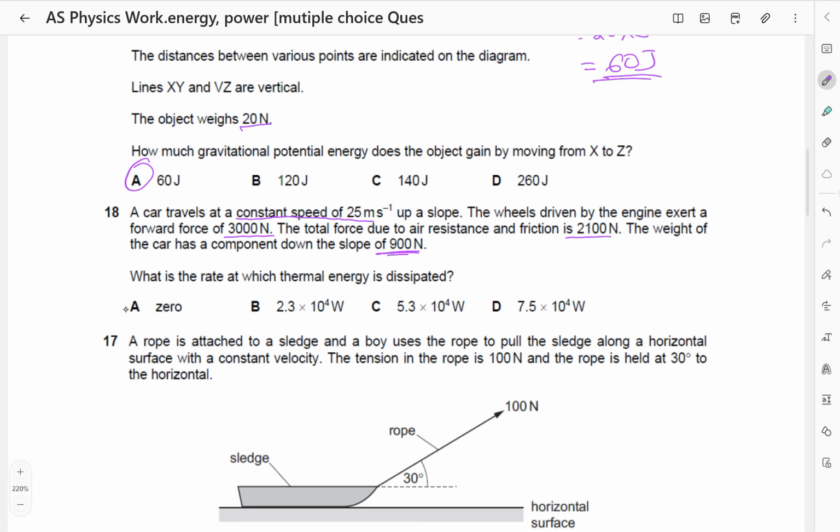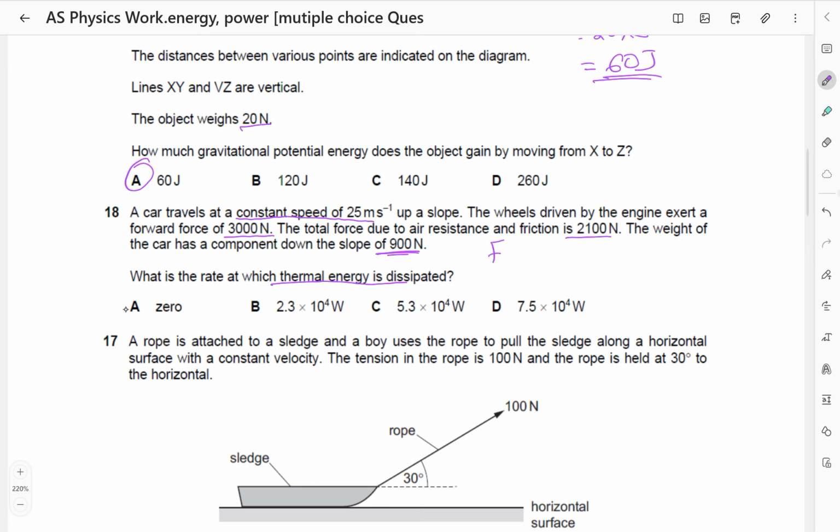Okay. So we are only going to consider, because we are looking for the rate at which thermal energy is dissipated, we shall only consider the work done by the frictional force, because air resistance and friction are the only forces which dissipate energy.